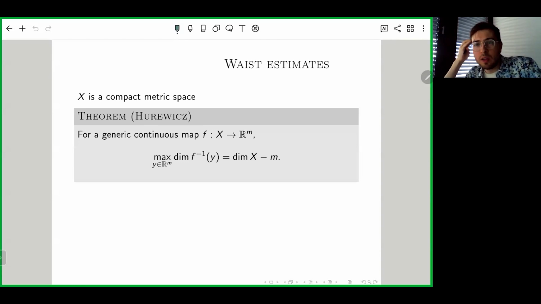So if you slice your space of a certain topological dimension by an m-dimensional family of leaves, then at least one of those leaves will have dimension like the dimension of the original space minus m, which is exactly what you expect.